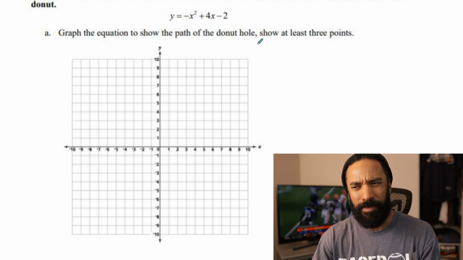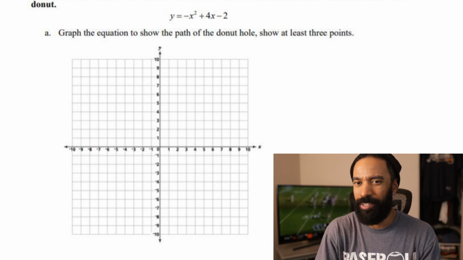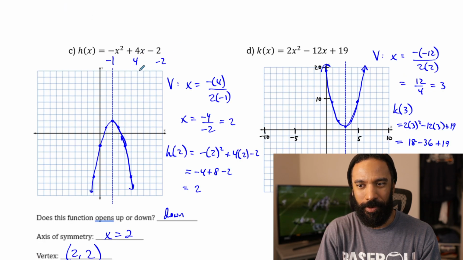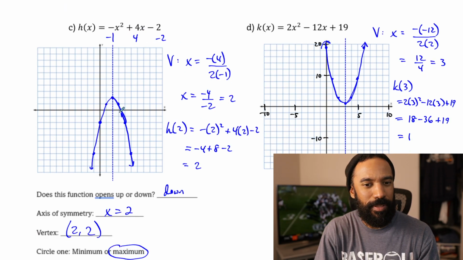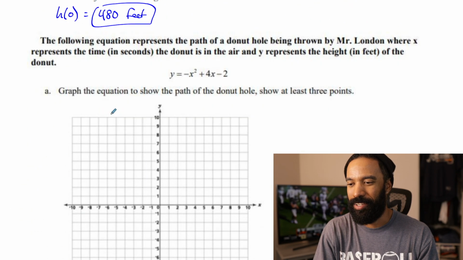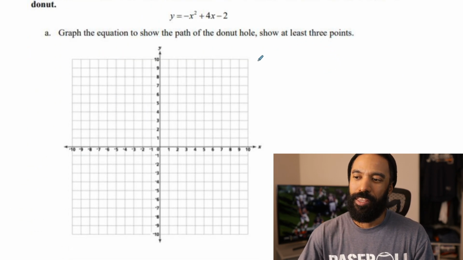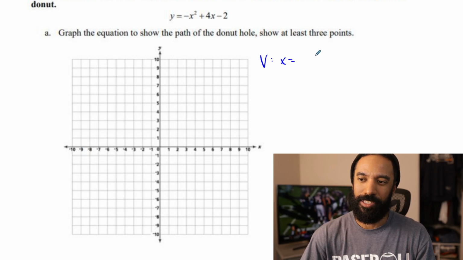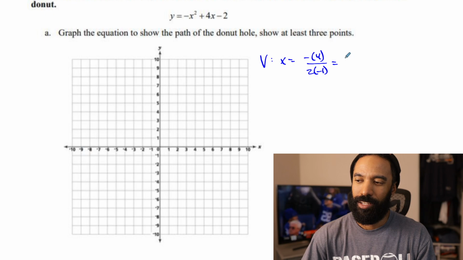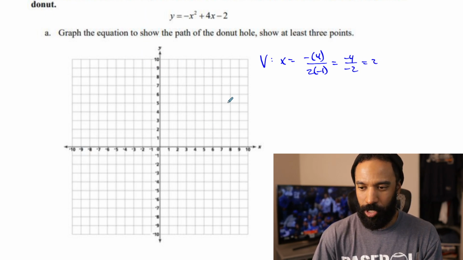So, is that the first equation that we had? That's the first equation that we had. What? That's the exact same equation. Okay, well, let's just do it again. The vertex x value is negative b over 2a, which is 2. That's the axis of symmetry.